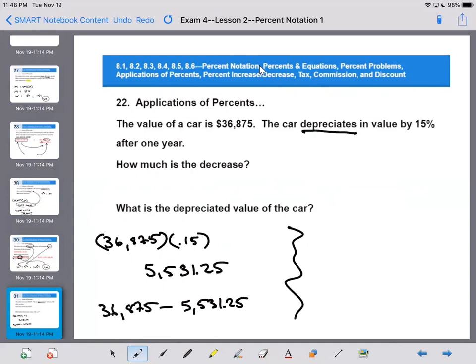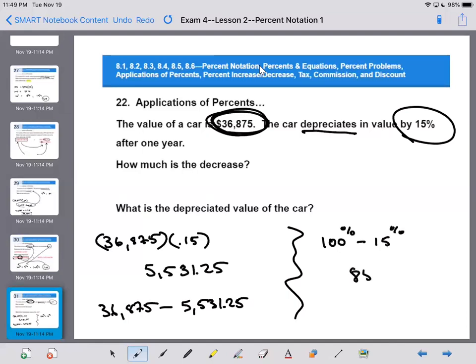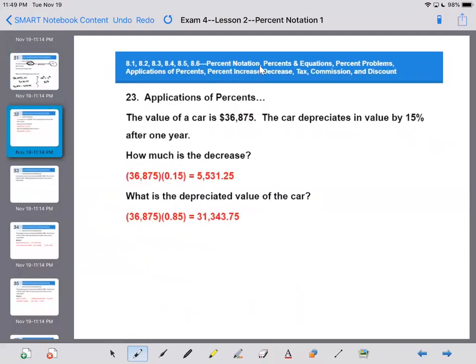Or we can think, well, if it's decreasing by 15%, you're going to pay all of this, 36,875, but it's going to depreciate in value 15%. So what you're really seeing is that your value is now 85% of that. That's what the next slide shows: 36,875 multiplied by 0.85, because this is 85%.